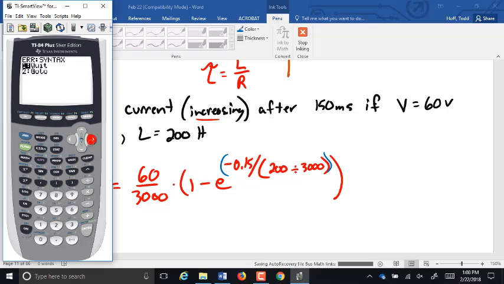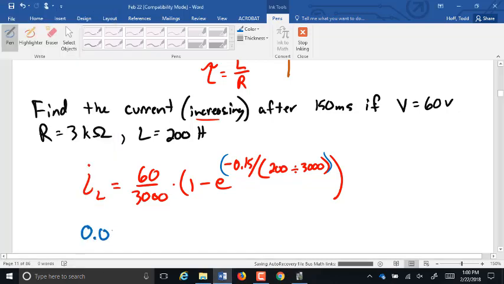Oops. I hit the minus sign instead of the negative sign. It gave me an error. So I get 0.0179. That is saying that it is 17.9 milliamps.